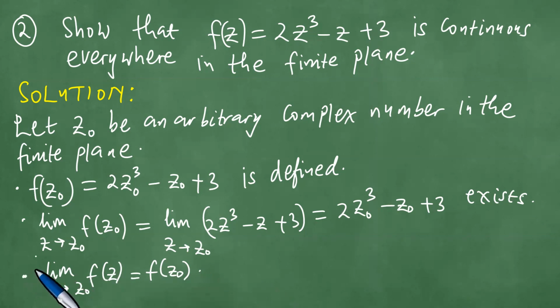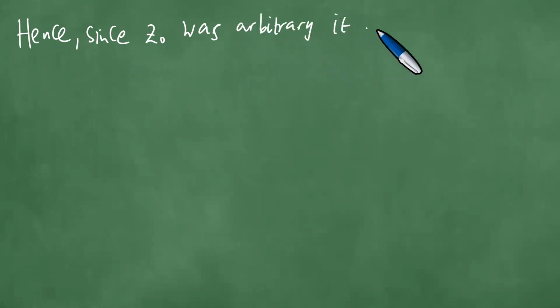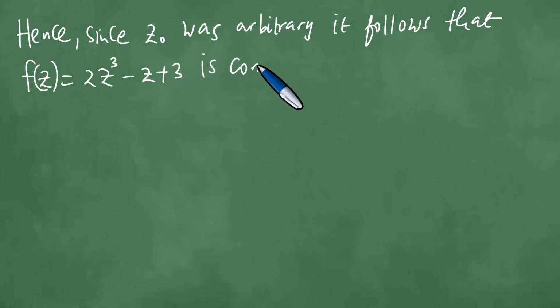Okay, once we can say these three things are true, the conclusion is hence, since z0 was arbitrary, it follows that f of z, which is 2z cubed minus z plus 3, is continuous everywhere.